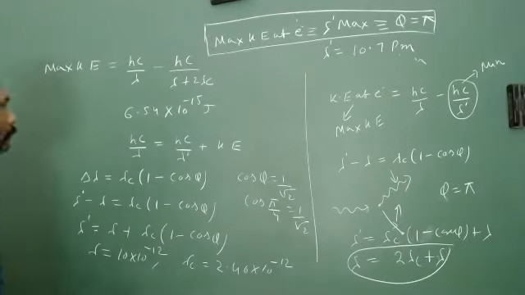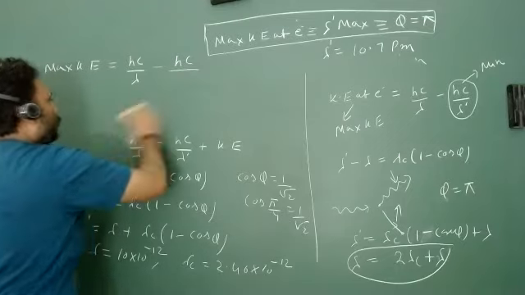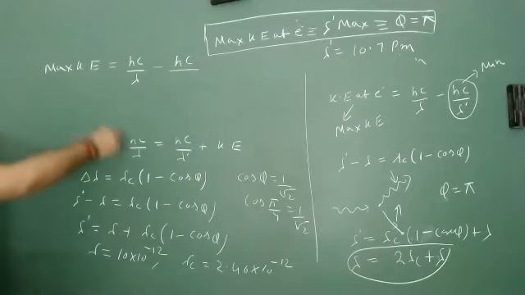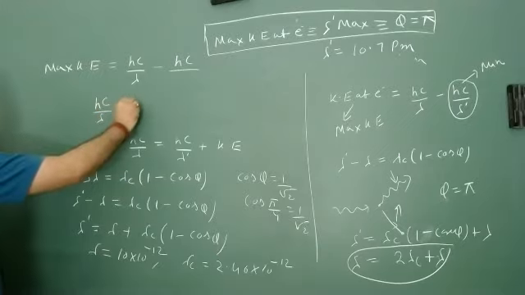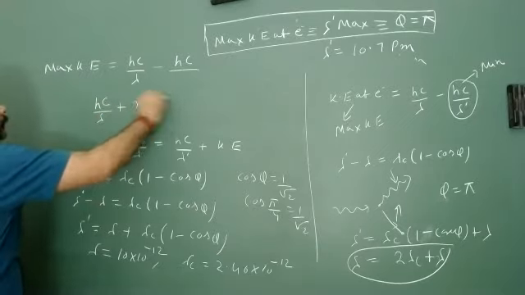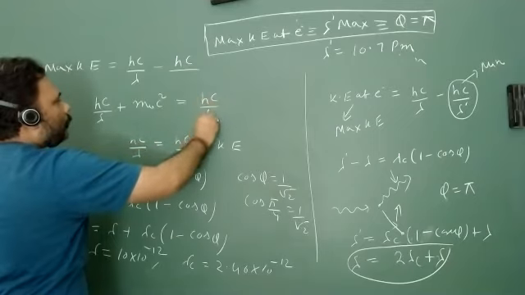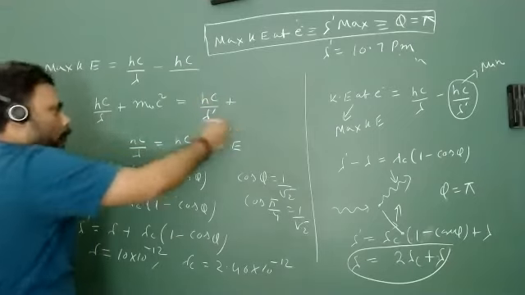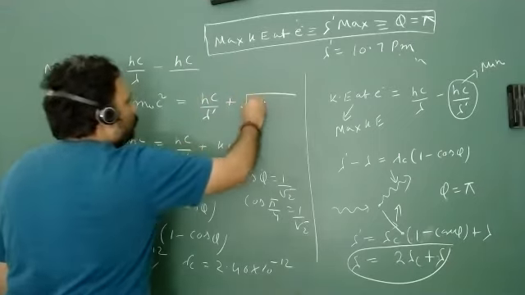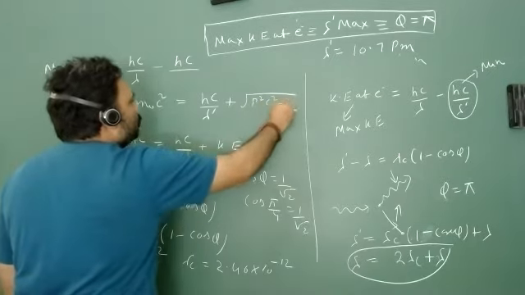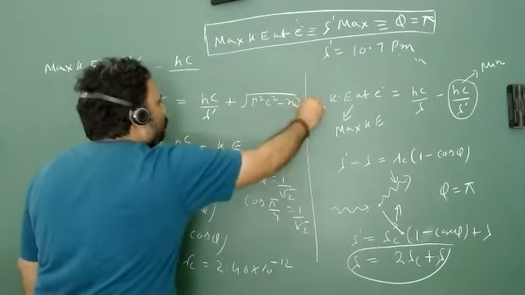Or if you want to write the conservation rule, don't worry, write the conservation rule. hc upon lambda plus m naught c square is equal to hc upon lambda dash plus total energy, and total energy is equal to root under p square c square plus m naught square c4.